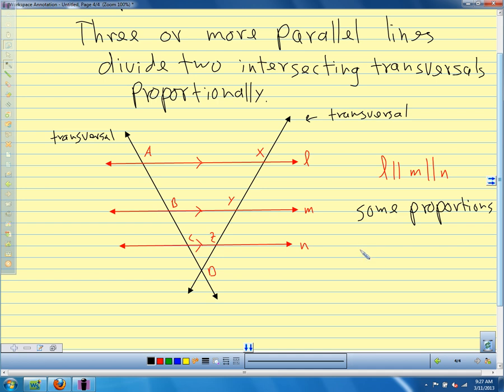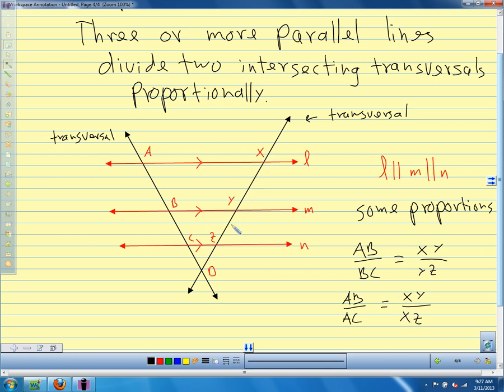So I can say that AB divided by BC, this length divided by this length, I have to match that up with the same parts on the other side, XY over YZ. This length divided by this length. AB over AC. So this piece divided by this whole length. Match it up with the same parts on the other side, XY divided by XZ.